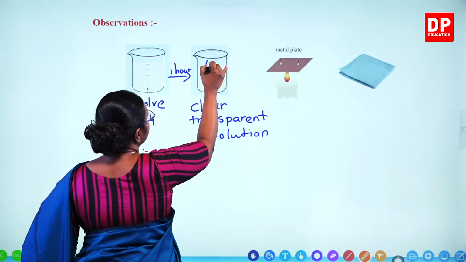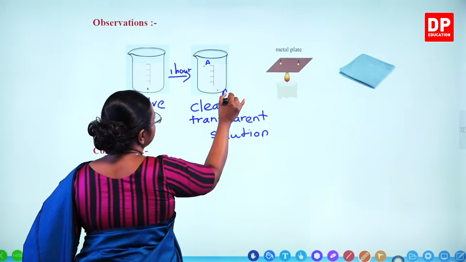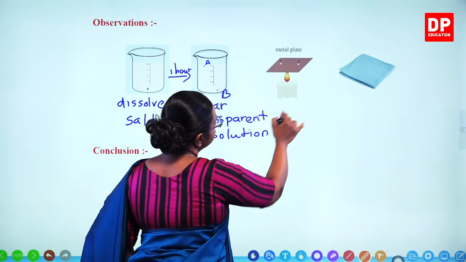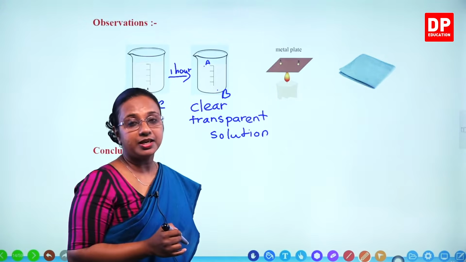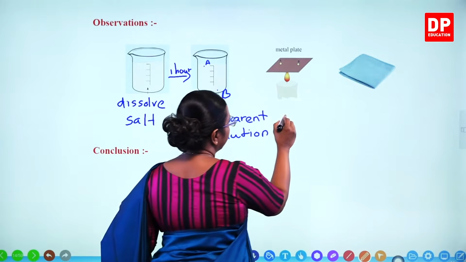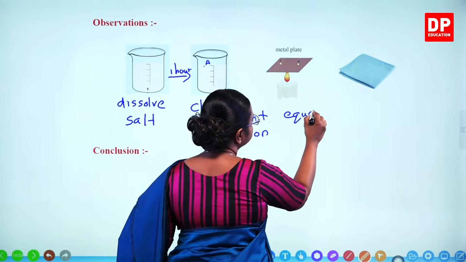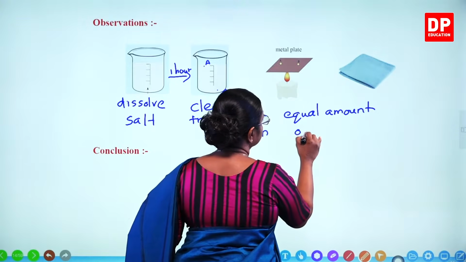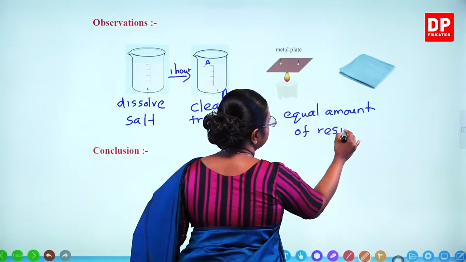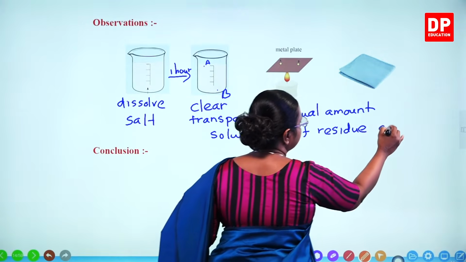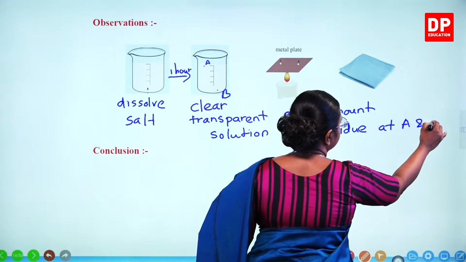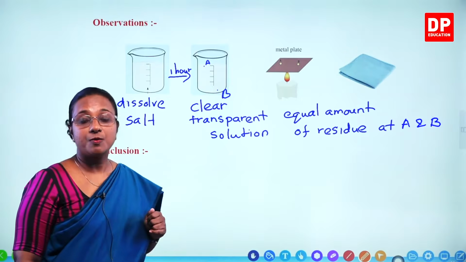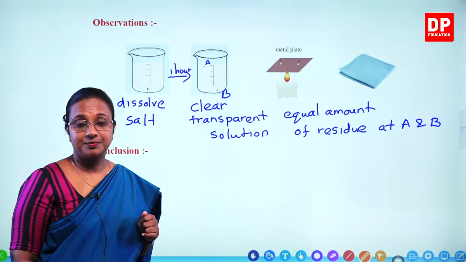And we mark this point as point A, somewhere here as point B. And from there, we transfer the drops and allow the water to evaporate. Then what will you get? Equal amount of residue at A and B. So that is what you can observe in this activity.